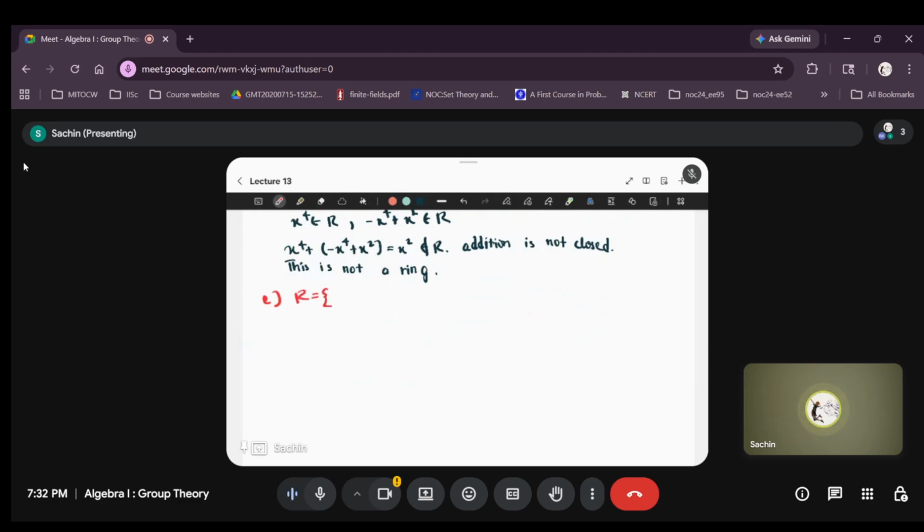Then let R be a by b, that is a rational number, where 3 does not divide b, when written in the lowest terms.